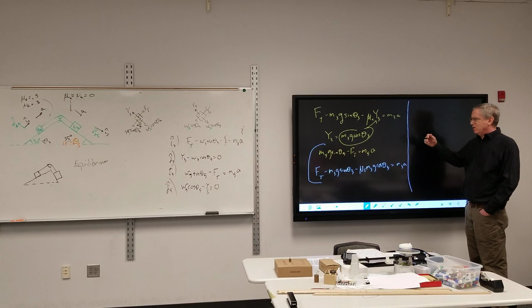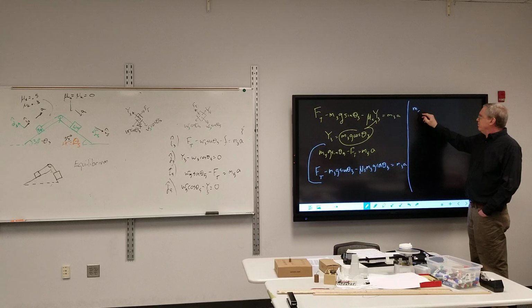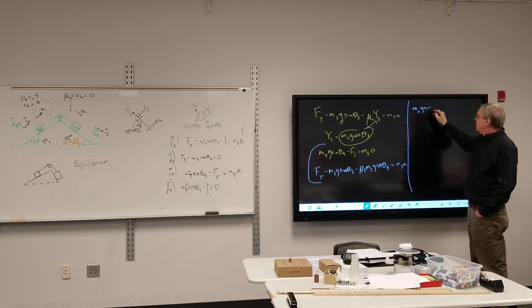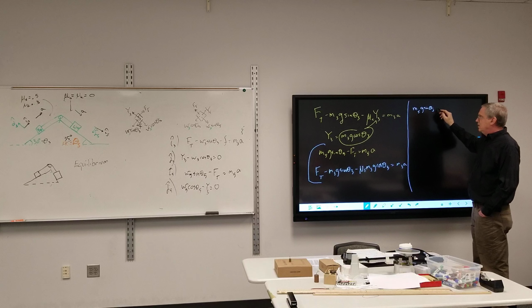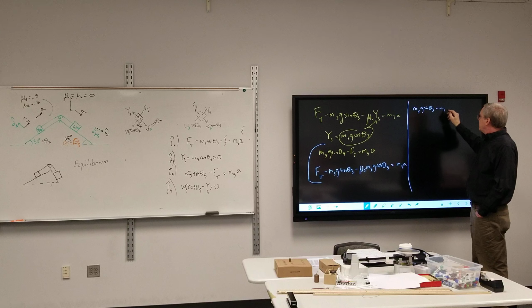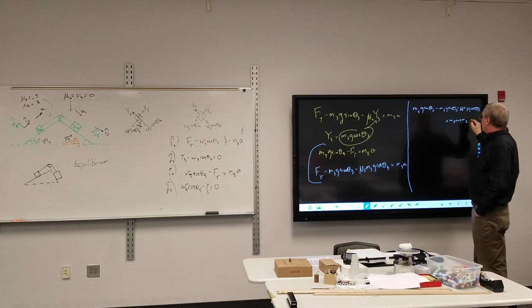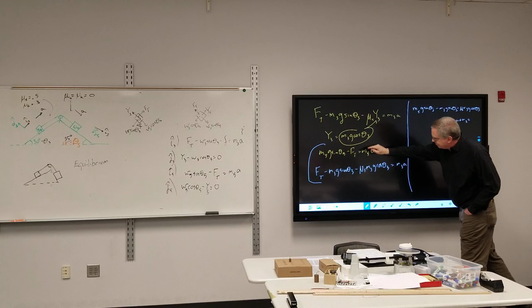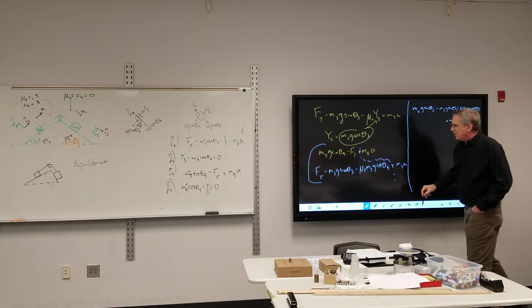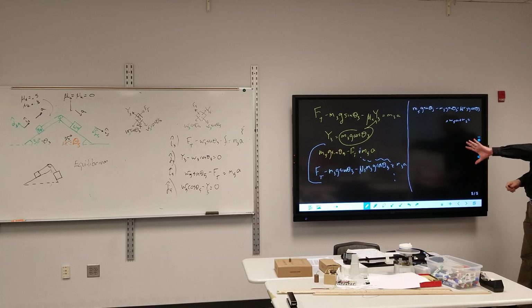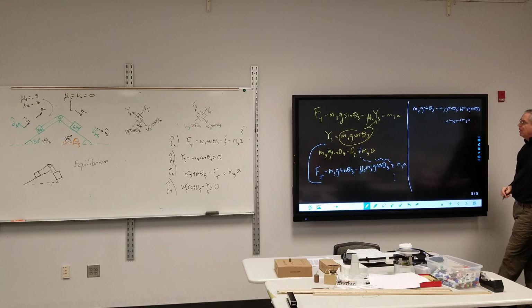That's just my go-to. So I'm left with m5 g sine theta 5 minus m3 g sine theta 3 minus mu s m3 g cosine theta 3 equals m5 a plus m3 a. So add the left-hand sides, add the right-hand sides, and solve for acceleration.